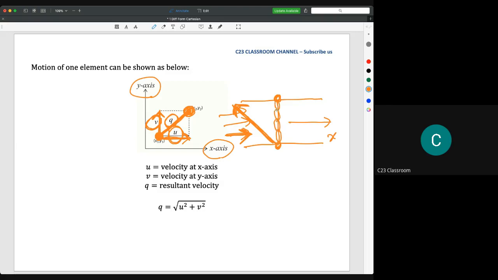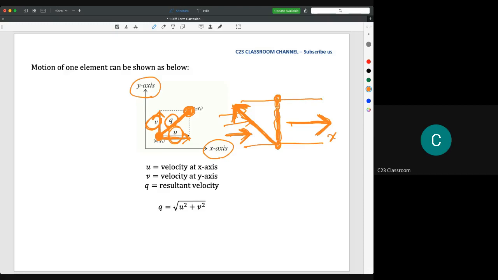So in this situation, we could say that you have two component velocities. One is the velocity of the river, acting as the x direction, and the other component is the velocity of your boat. The resultant of the combination of these two velocities means your boat will move straight like this.